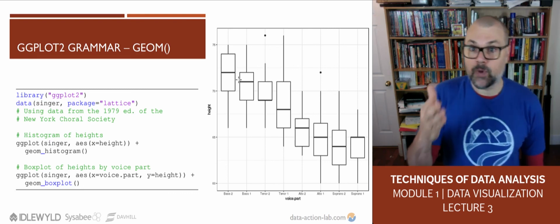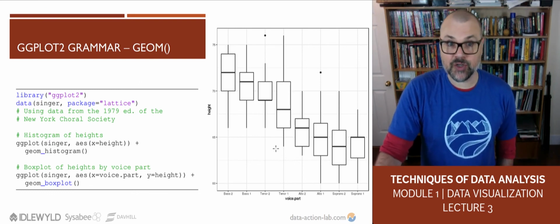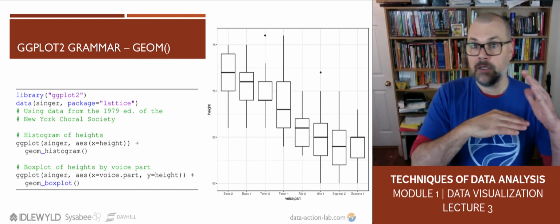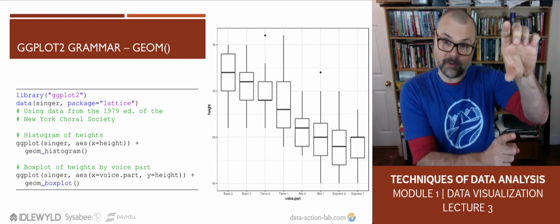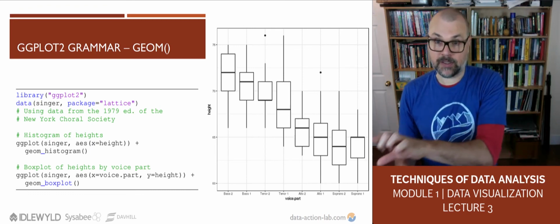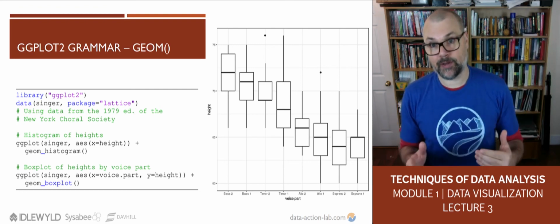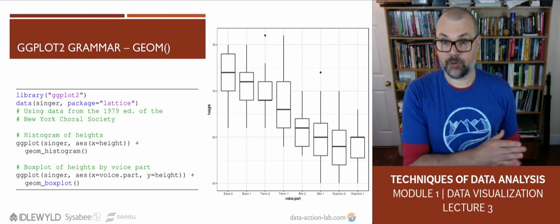But the key takeaway here is that, remember, Y is the height, what we're trying to measure, X is the voice part, and it automatically filters the data, only keeps the points for each voice part in the data set, and basically creates a box plot out of those points, under these filtered observations.